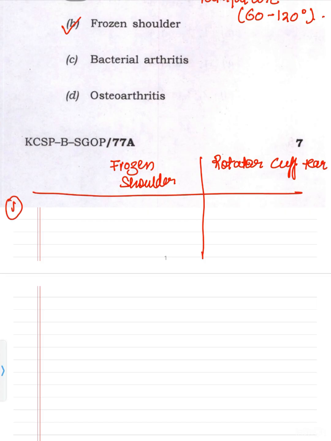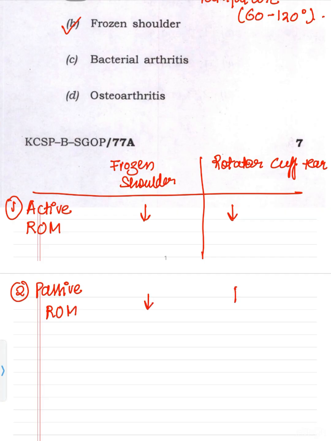So in frozen shoulder, the active range of movement, active ROM, is decreased, which is also decreased in rotator cuff tear. But the passive ROM is decreased in frozen shoulder, but it is usually preserved in the rotator cuff tear. Third is association with diabetes.